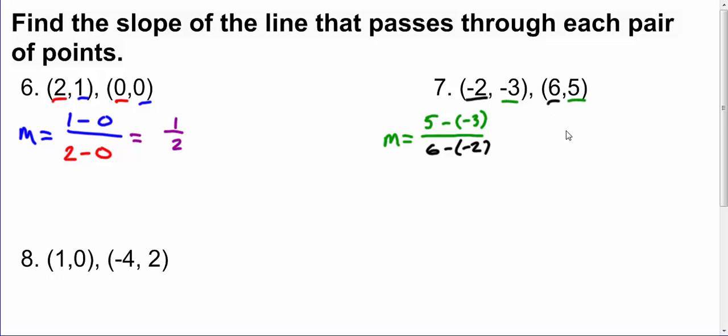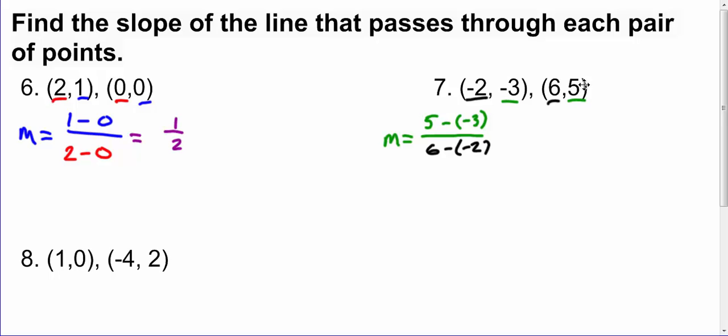Some of you may have noticed that on the first example, I did the first point minus the second, first y value minus the second, first x minus second x, where here I went second y minus first y, second x minus first x. The reality is it doesn't matter which order you do those in, but you have to do it the same.